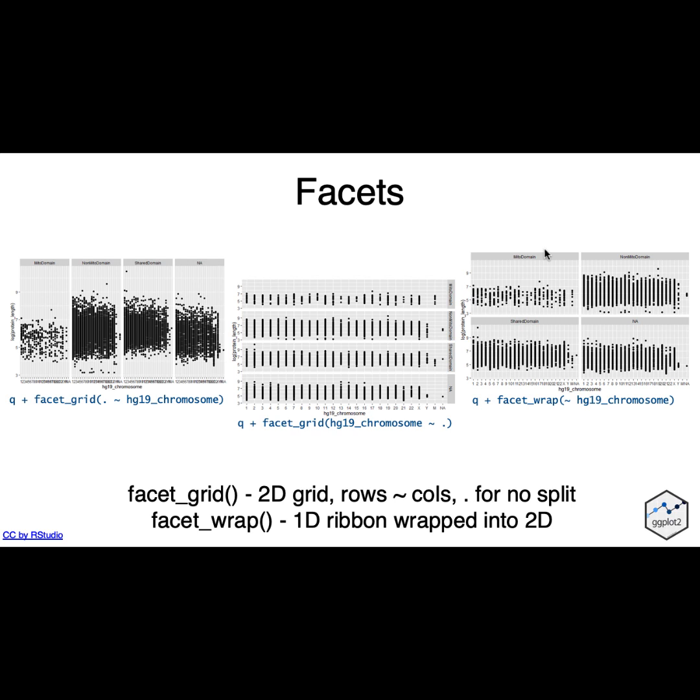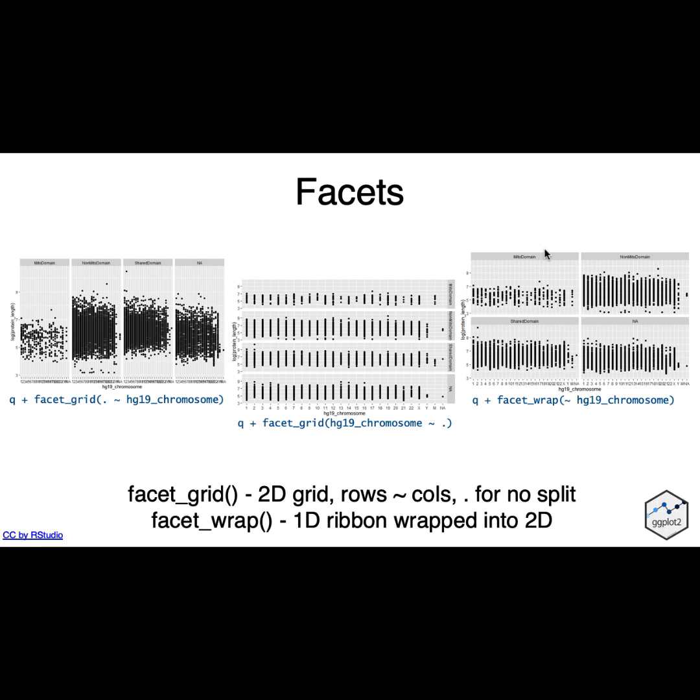Okay, so let's see if I can explain this clearly. The period tilde HG19 chromosome. The tilde means by, okay? So rows by columns. So in this case, our facet grid, our first one, we have a period by, the columns are HG19 chromosome. The period means we're not making rows any particular variable.